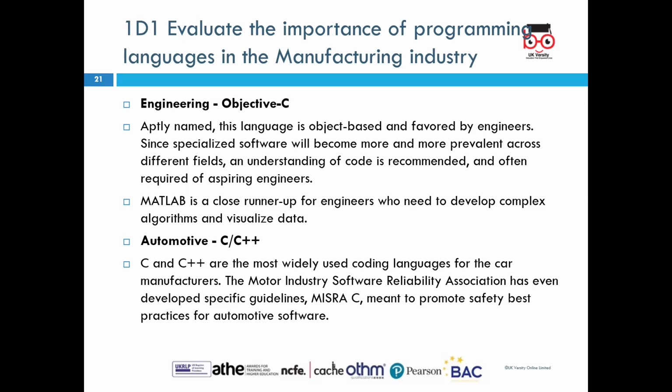Automation work very much with C and C++, where they are widely used coding languages for car manufacturers, such as Motor Industry Software Reliability Association, which have now even developed specific guidelines.